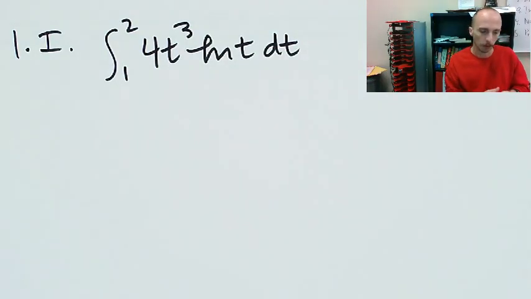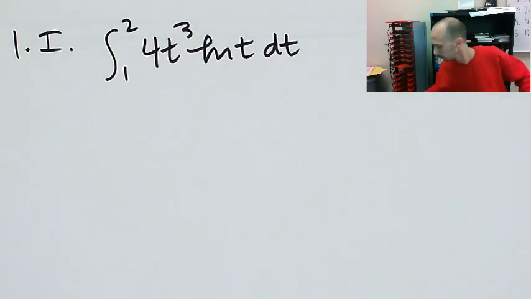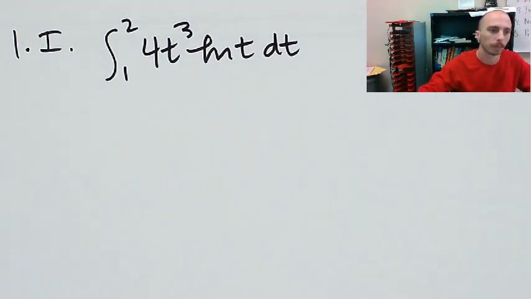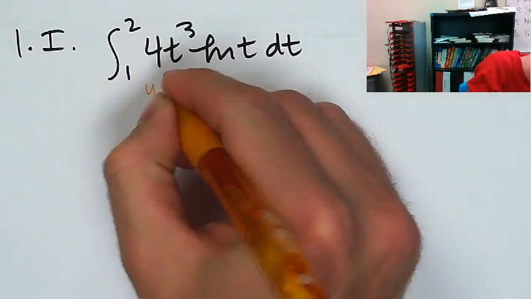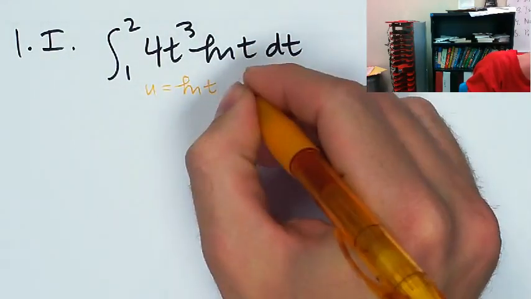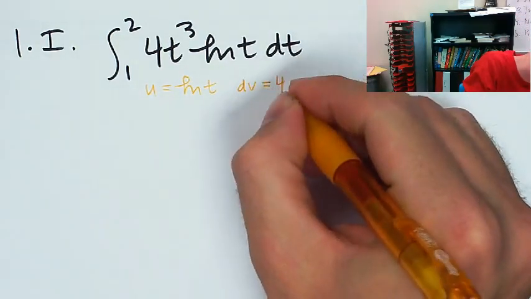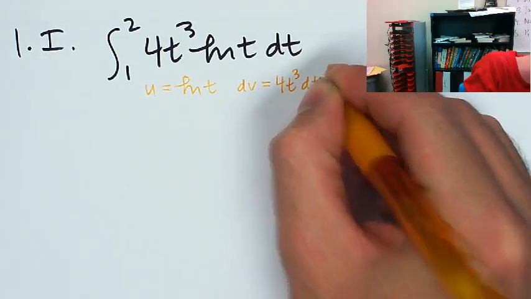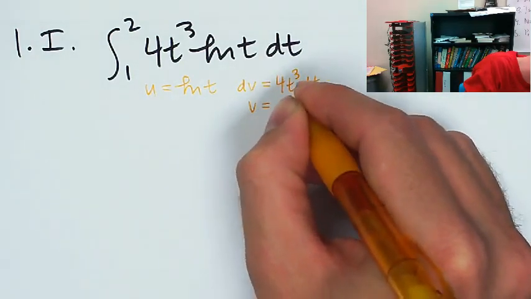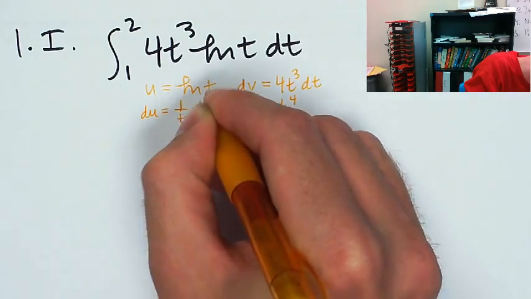I like log before algebraic, so I let u equal log t, and dv equal 4t to the 3 dt, making v equal t to the 4 and du equal 1 over t dt.